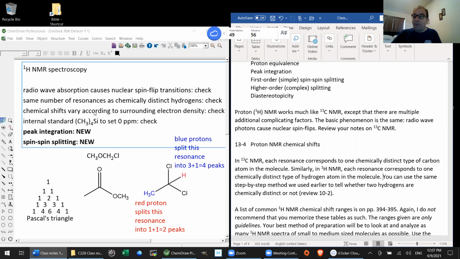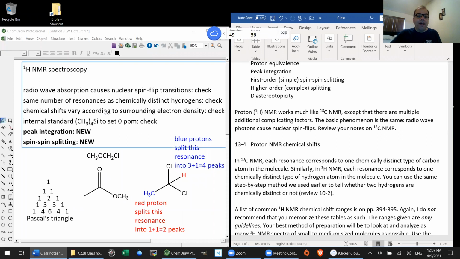Chemical shift is also a thing. We looked at a correlation table for carbon NMR. There is also a correlation table for proton NMR, which I'll comment on. It's in your book, but I'll comment on it in a little bit.